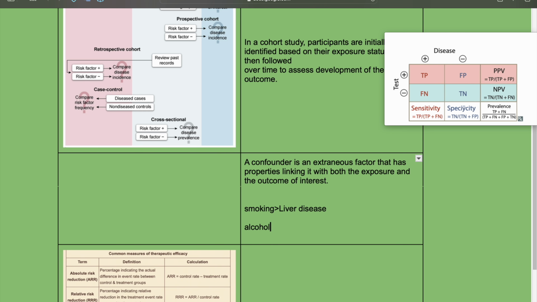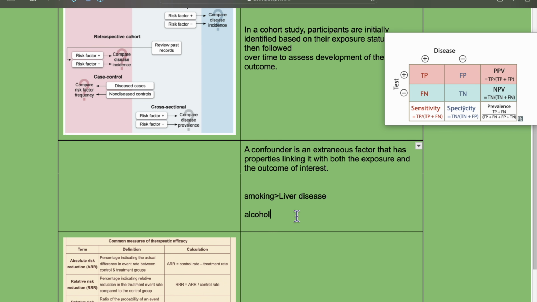And alcohol causes liver disease as well. So now here, the exposure was smoking, outcome was liver disease, confounder is alcohol. Okay. So to avoid these, we do stratified studies and all that to figure out if stating that smoking causes liver disease is true or not. Okay.